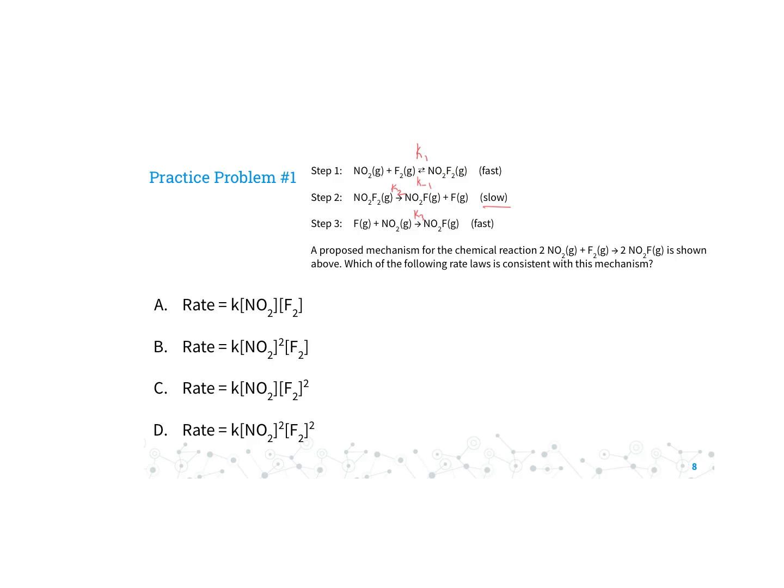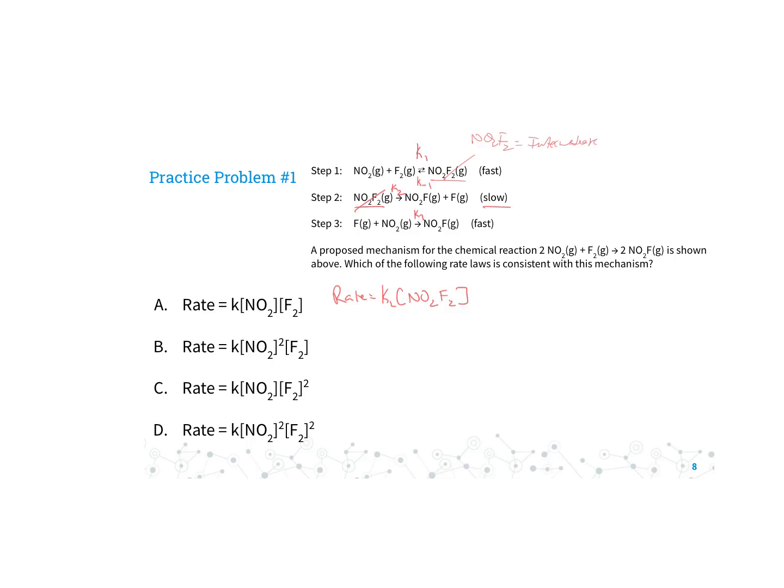And so when we're looking at this, we have to write our rate law from the slow step. So rate is equal to K2 times the concentration of NO2F2. Of course, if we look, NO2F2 shows up here and here. And so in our overall mechanism, this will end up not showing up in the overall reaction. And so NO2F2 is an intermediate.